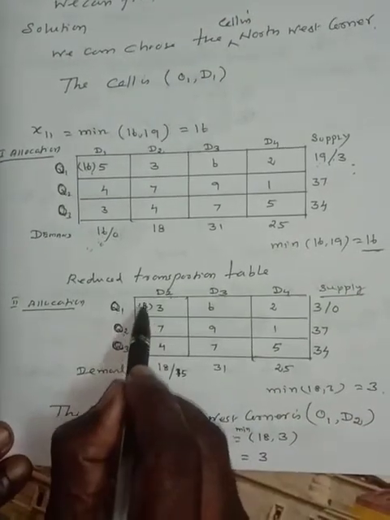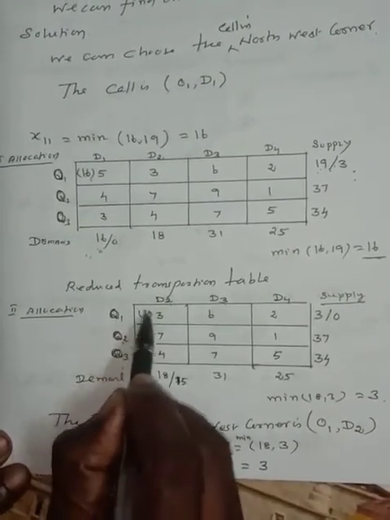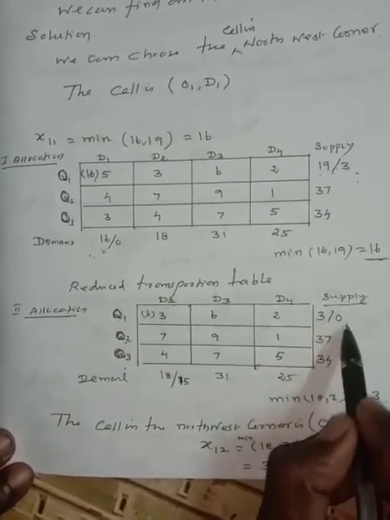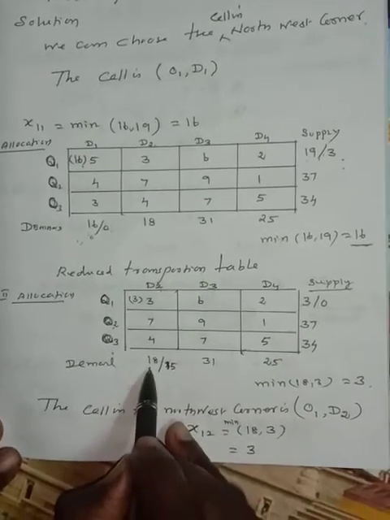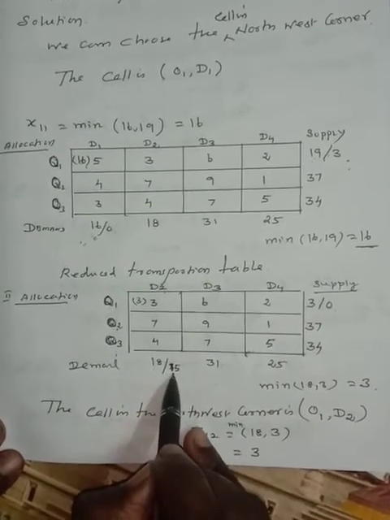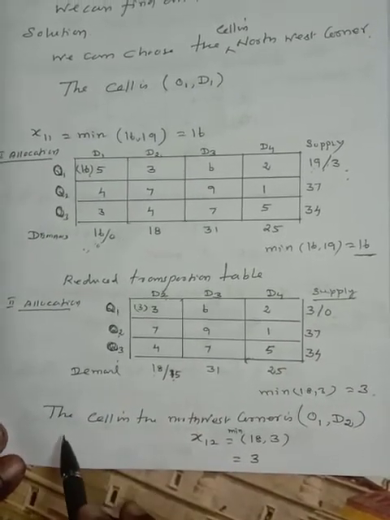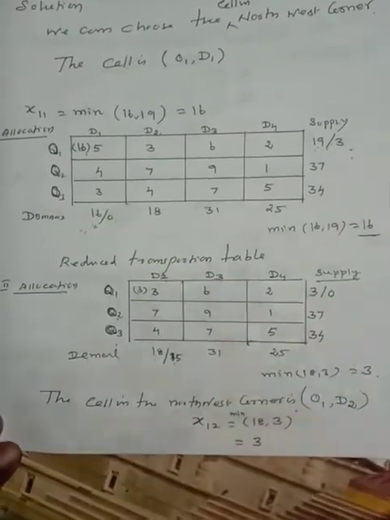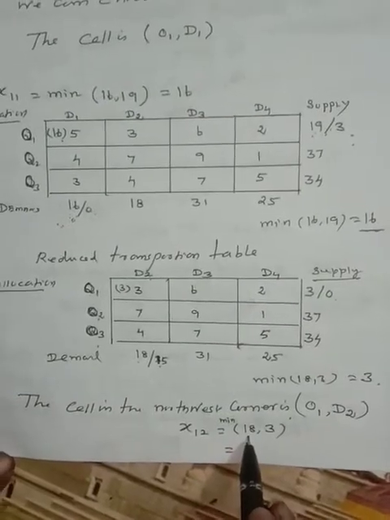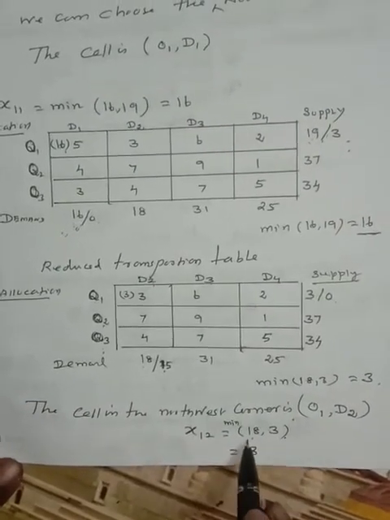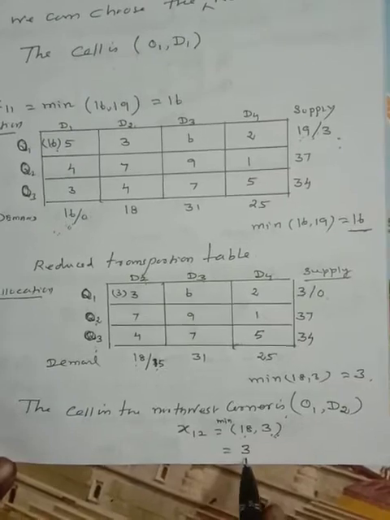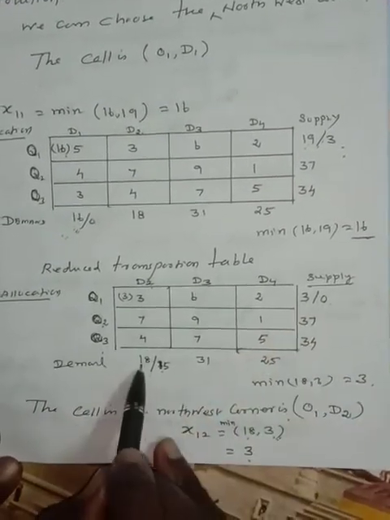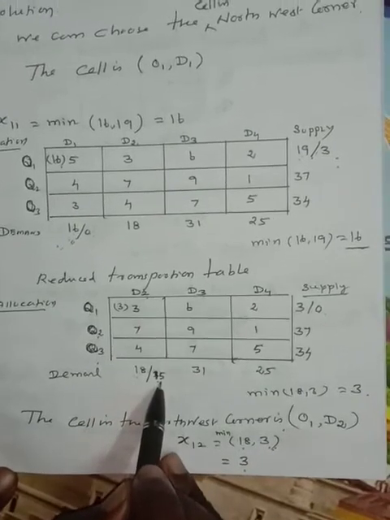So you have to put 3 in the first box, cell O1 D2. 3 minus 3 is 0, and 18 minus 3 is 15.